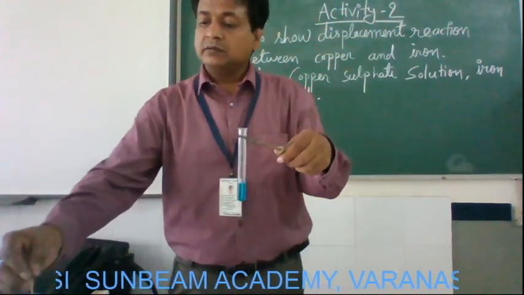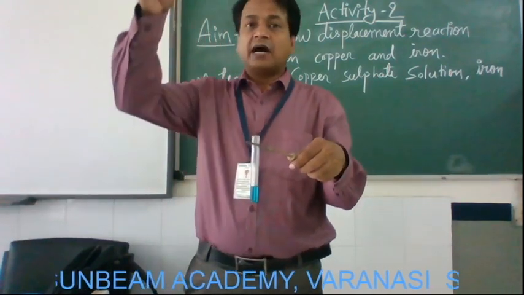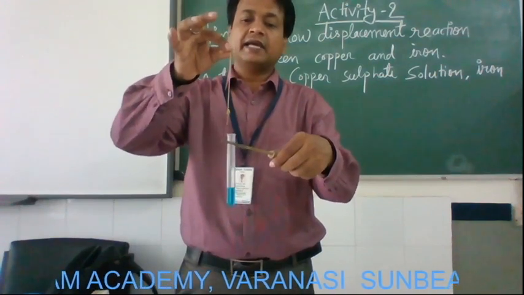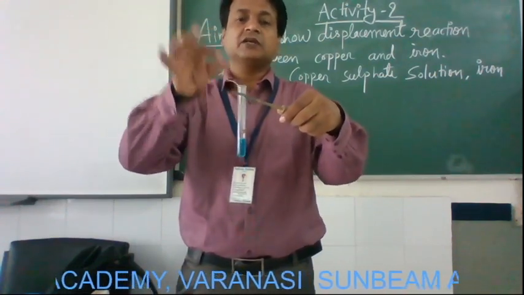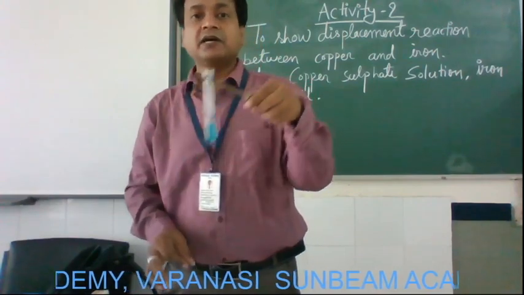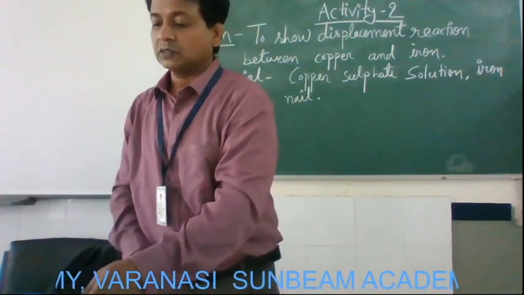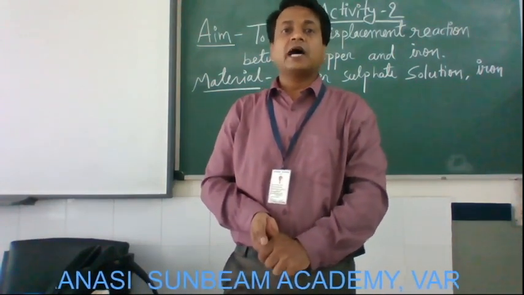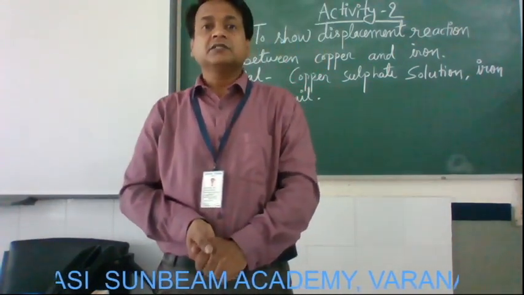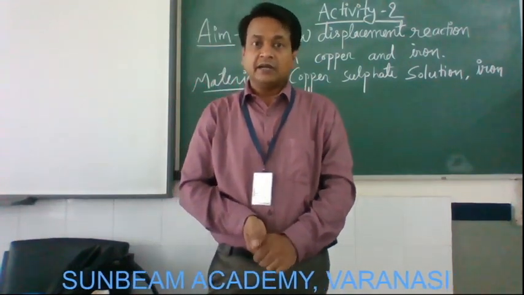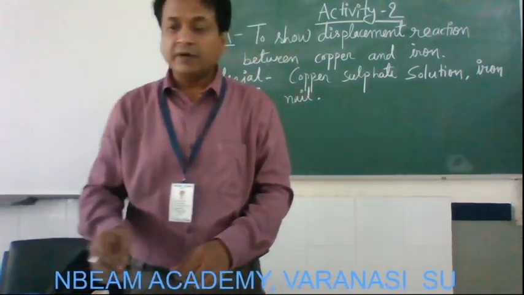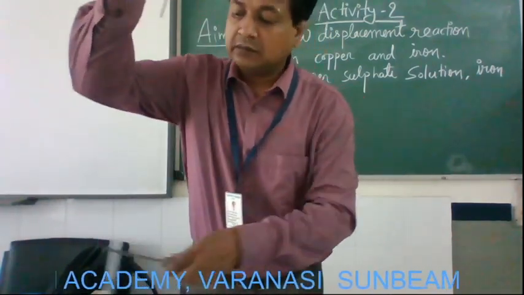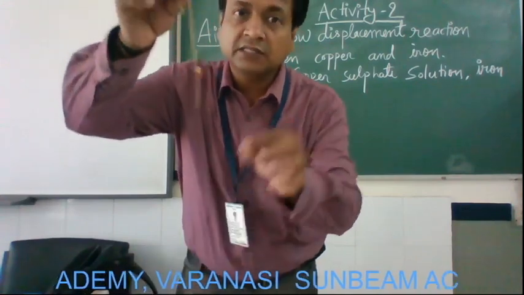Now, in the second step, I will take an iron nail which is tied in a thread and hang it inside this copper sulfate solution and leave it for some time. After some time, we will observe that the iron nail, which was earlier silvery gray in color, has a deposit of brown color on its surface.